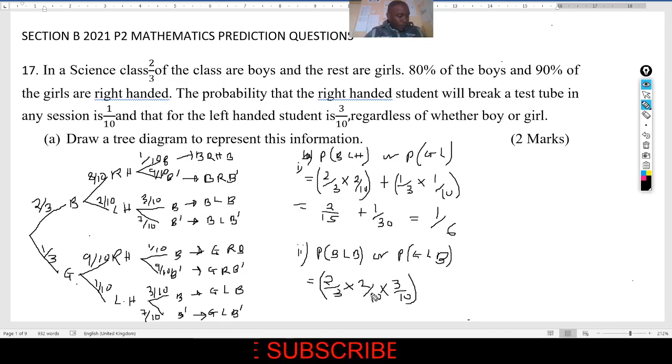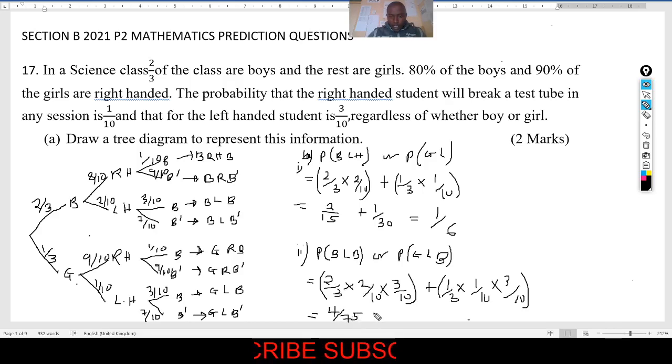What you get, plus the girl, now it is a third, times left-handed is 1/10, then times breaking a test tube is 3/10. This gives you 4/75.